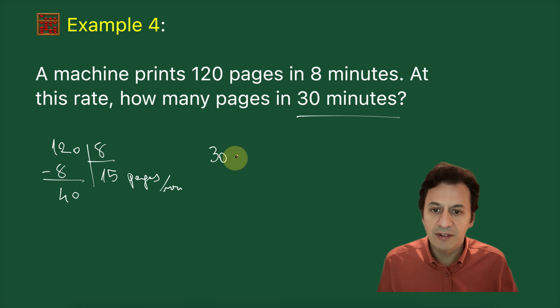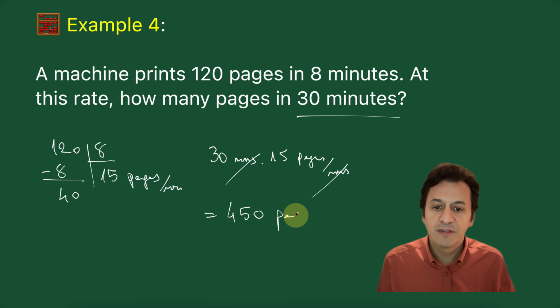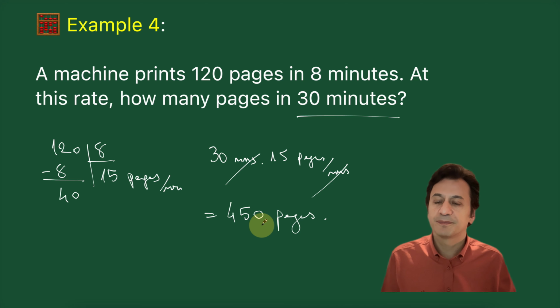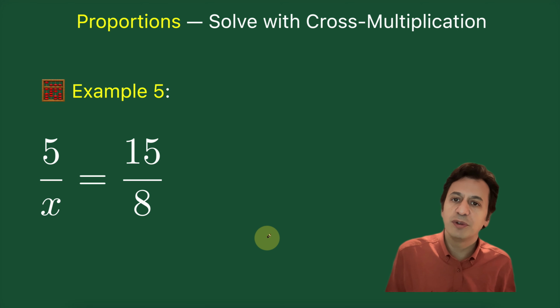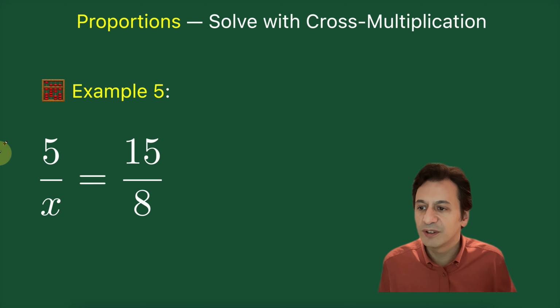In 30 minutes, look, in 30 minutes times 15 pages per minute. So these cancel out and it equals 450 pages.